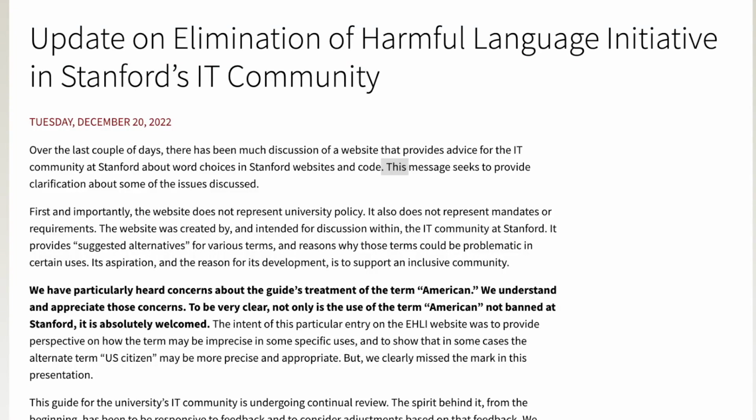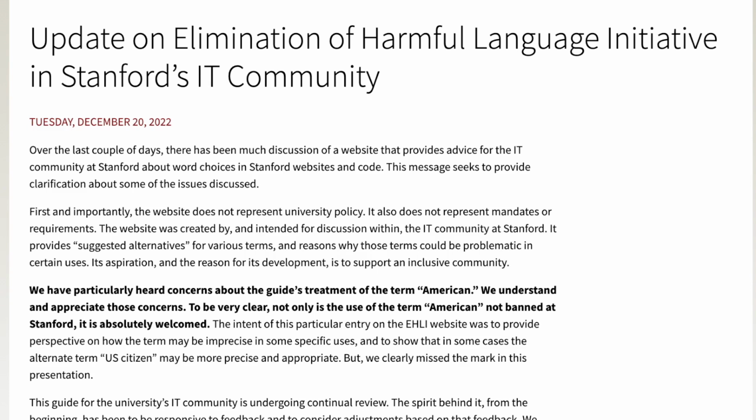On December 20th, Stanford put an update about this Elimination of Harmful Language initiative. They said over the last couple of days, there has been much discussion of a website that provides advice for the IT community at Stanford about word choices in Stanford's websites and code. This message seeks to provide clarification about some of the issues discussed.